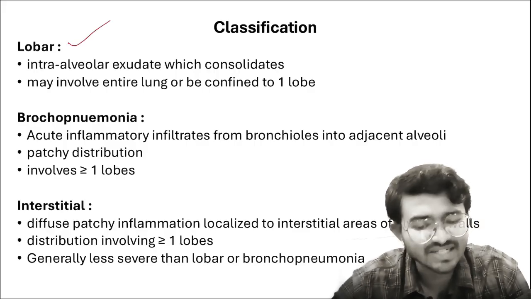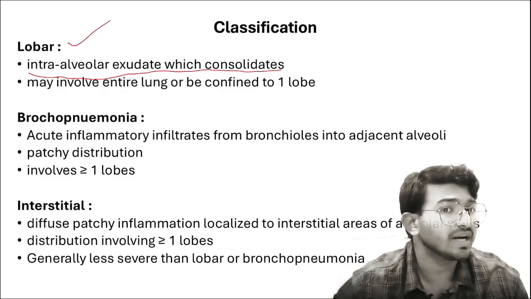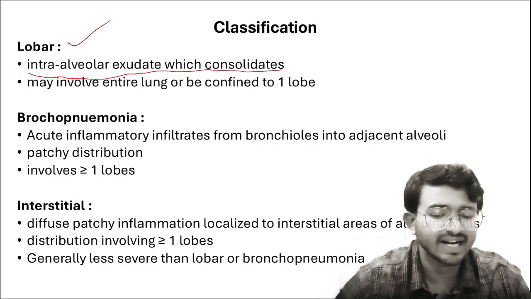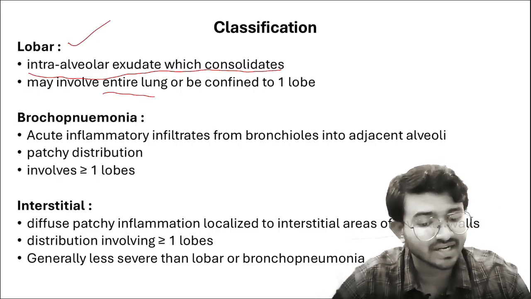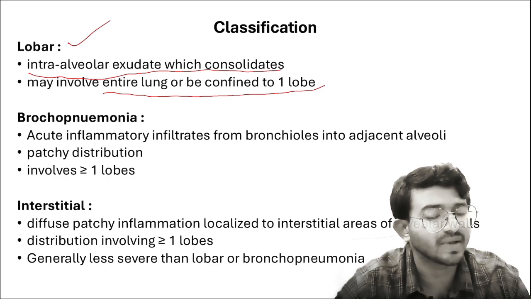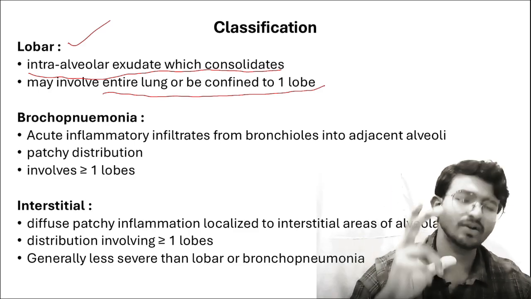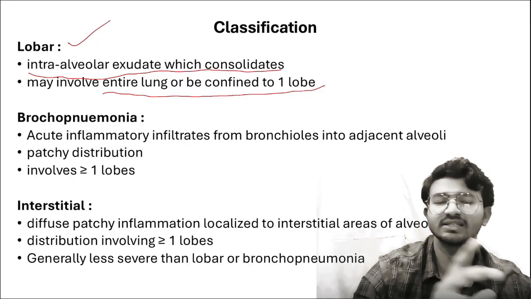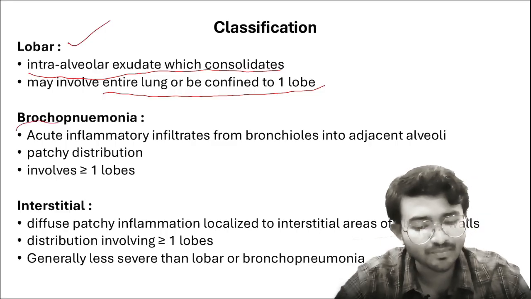Lobar pneumonia means intra-alveolar exudates with consolidation. It affects only one lobe, and it may involve the entire lung or be confined to the lobe. It may fill one lobe, or you can see the total lung filled.